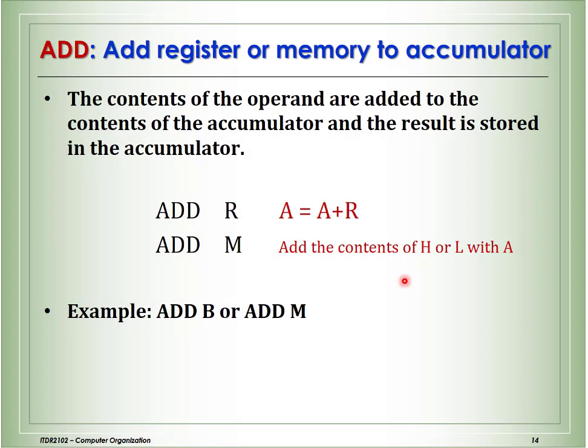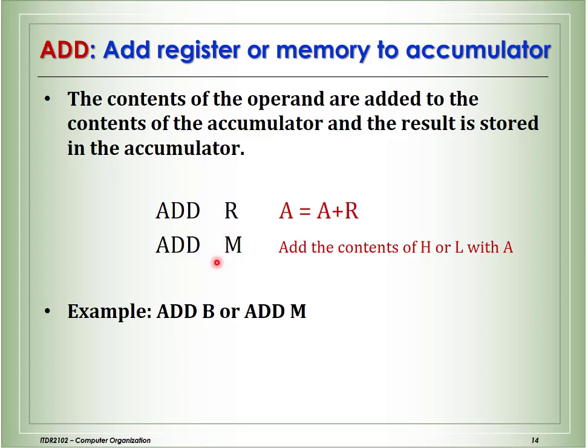Here again ADD, not the same as ADI, but again ADD. This is for a register or for memory, and ADI, as I told you, is for the immediate value, the constant value. Here you can see one example: the contents of the operand are added to the contents of the accumulator, and the result is stored in the accumulator.